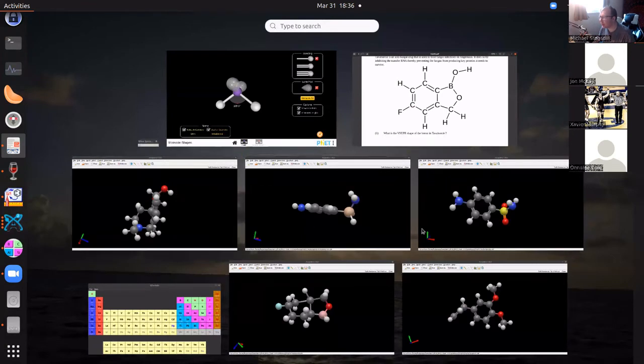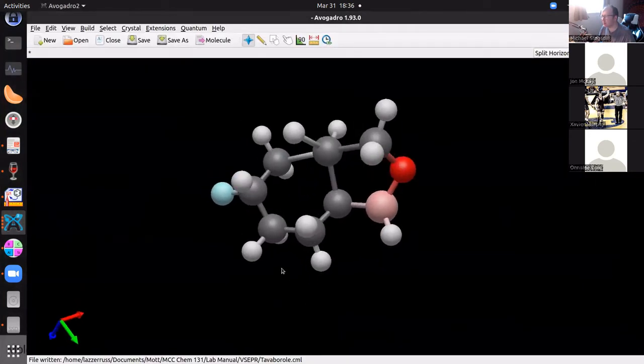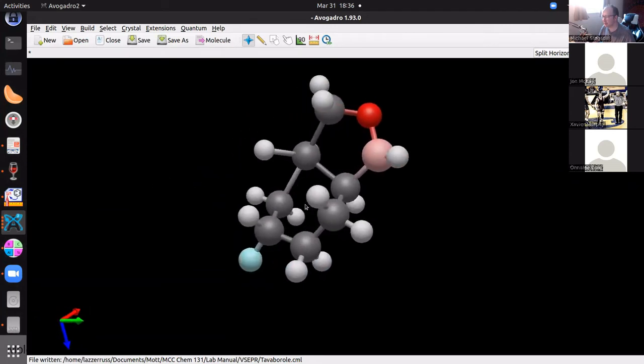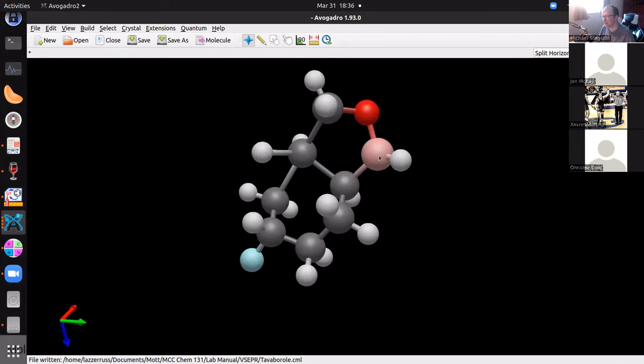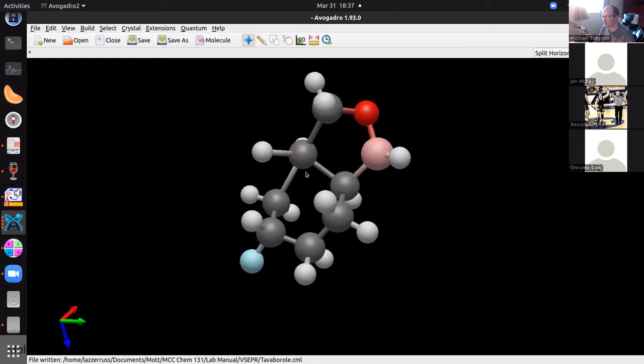If we look at our model for that, did I do that one? I sure did. We actually see that what's happening here is we got a pretty twisted up molecule. And this boron actually doesn't wind up being very flat at all. But that is all due to the stresses of this ring, something that's called ring stress, okay?